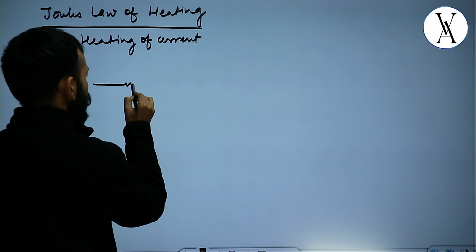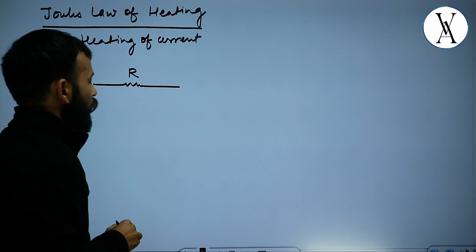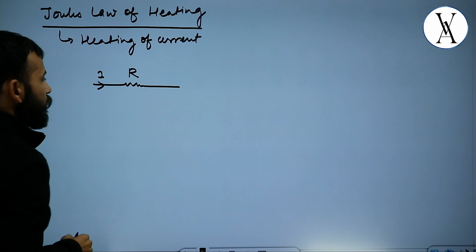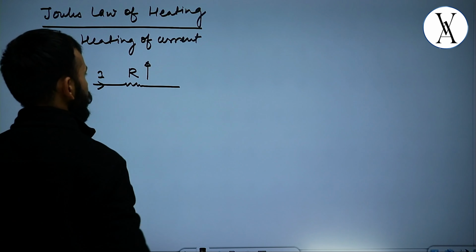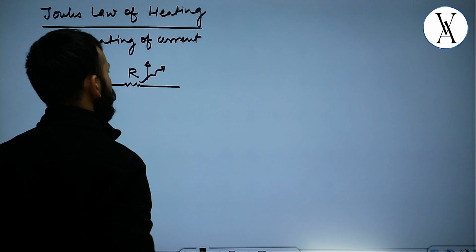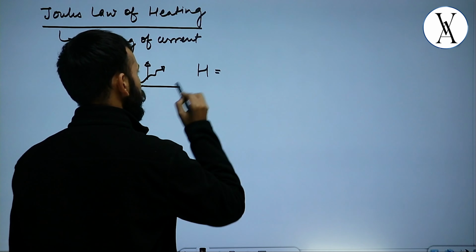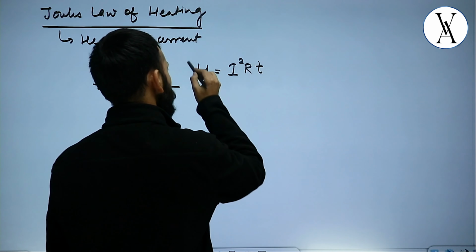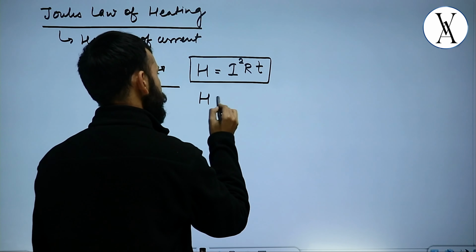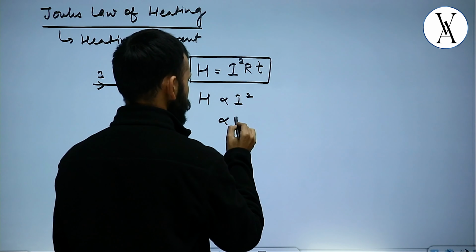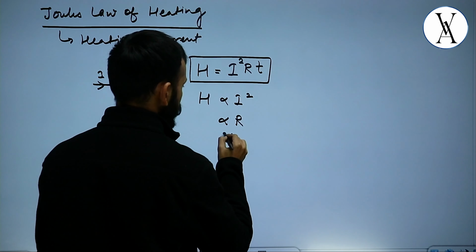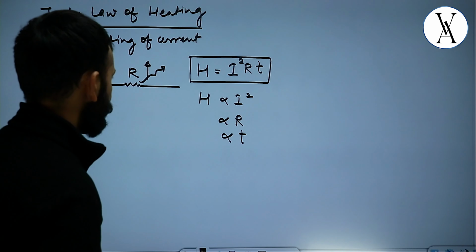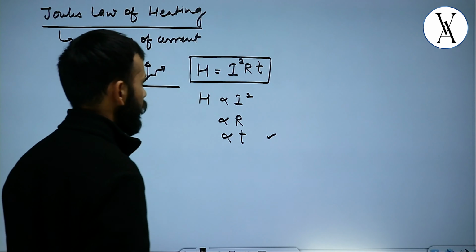If I have a resistance R and current flows through it, and this resistance is very high, then it shows a heating effect. The heat produced is given by Joule: I square R into T, which means H is directly proportional to I square, to the resistance of the conductor, and to the time up to which the current flows through the conductor. This is your Joule's law of heating.